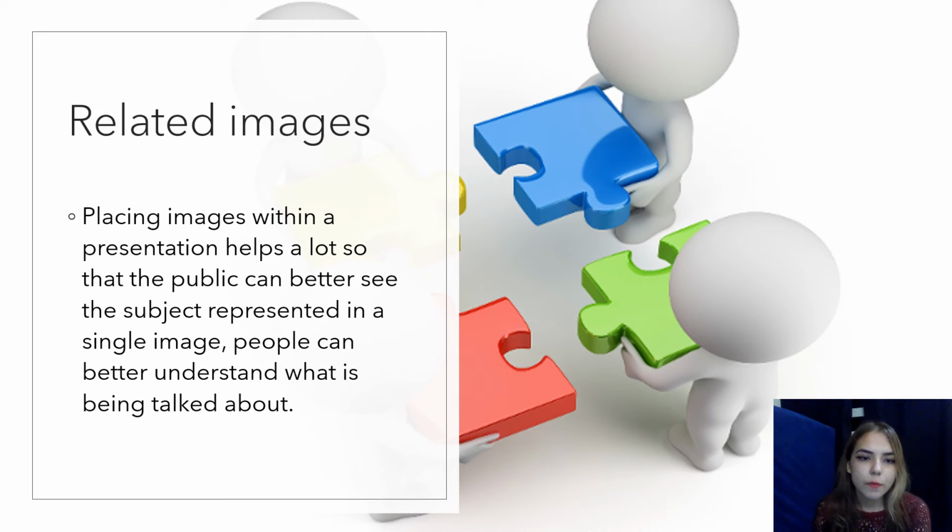Related images. Placing images within a presentation helps a lot so that the public can better see the subject represented in a single image. People can better understand what is being talked about.